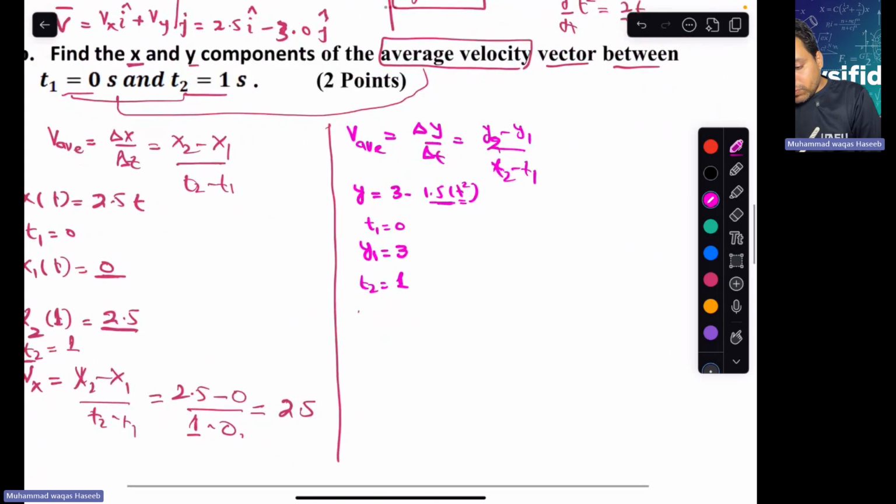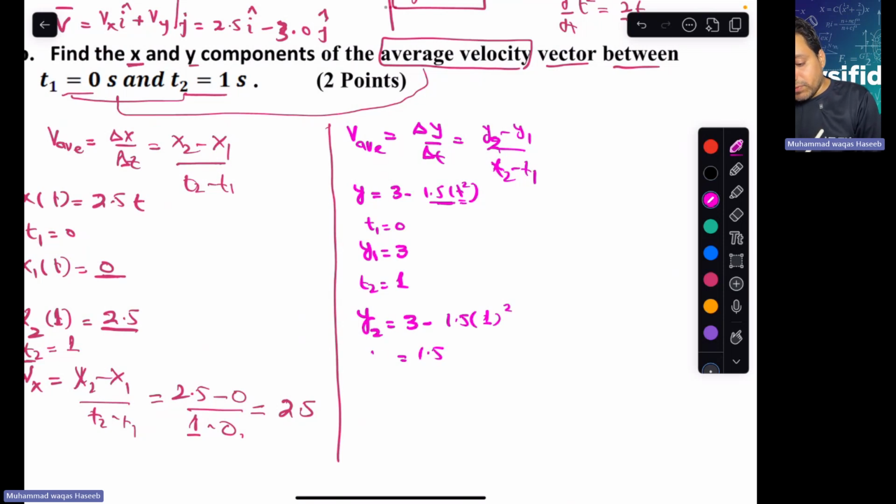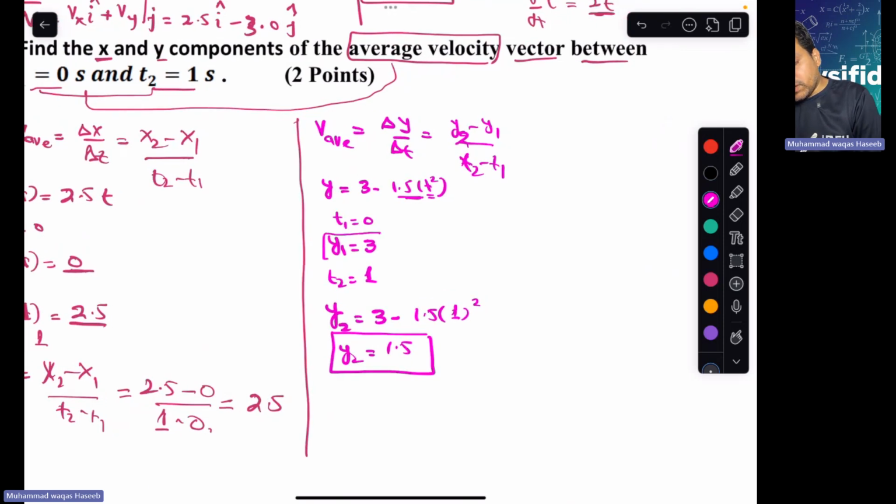So y2 is 3 minus 1.5 times 1 squared. 1 squared is 1, multiplied by 1.5, so 3 minus 1.5 is 1.5. This is your y2, and this is your y1.